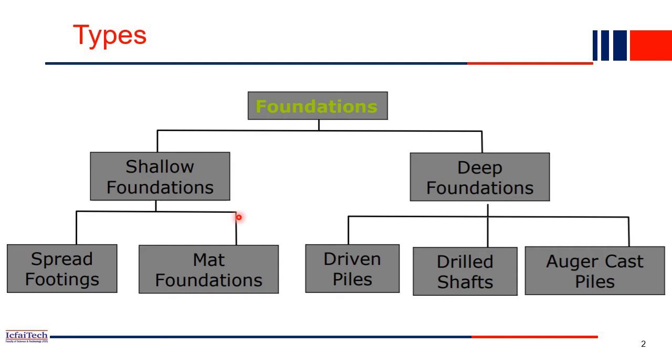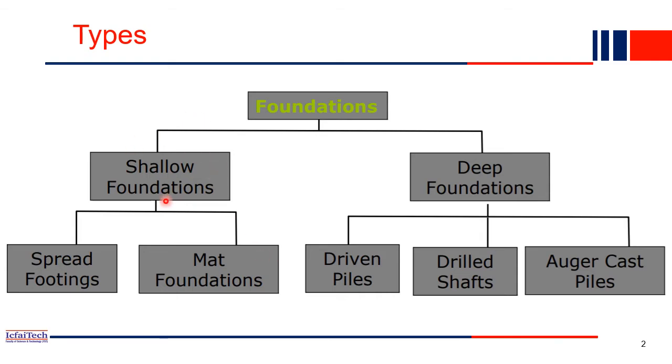Maybe earlier there was a pond or lake where you now have to construct. The soil condition may not be good in that case, so you may need to go for a deep foundation. Depending on the situation, we choose which foundation is suitable for our site. That's why you have to understand in brief all types of foundations.